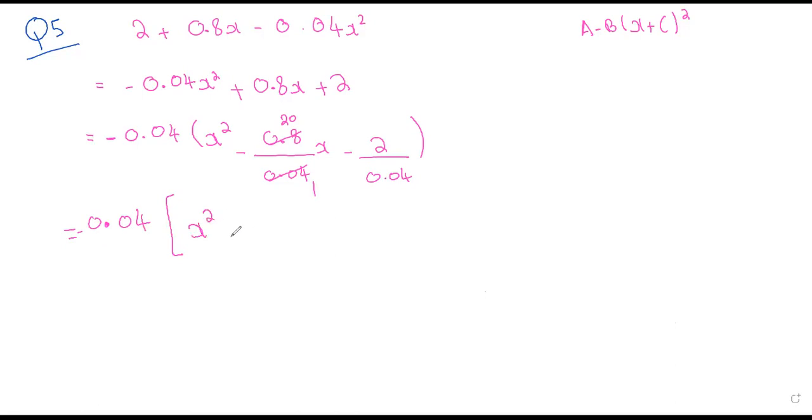I'll write down x squared minus 20x and then minus 2 by 0.04, that is going to be 50. And now I can complete the square, minus 0.04.